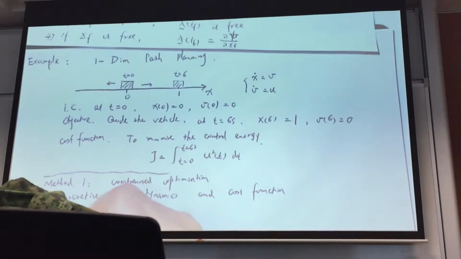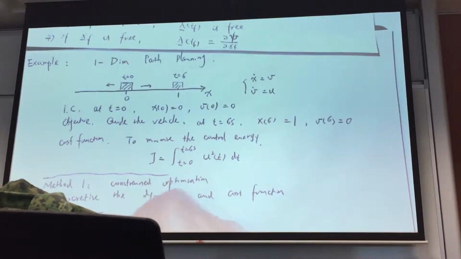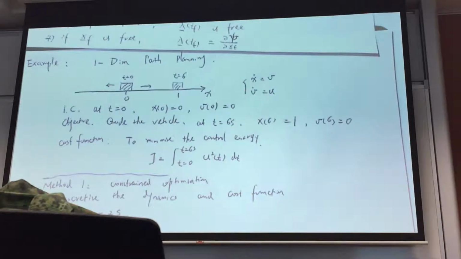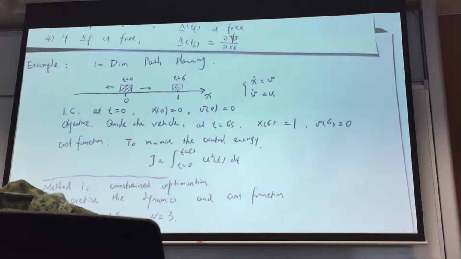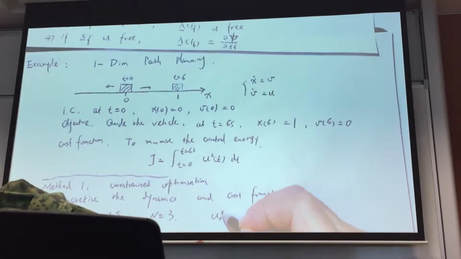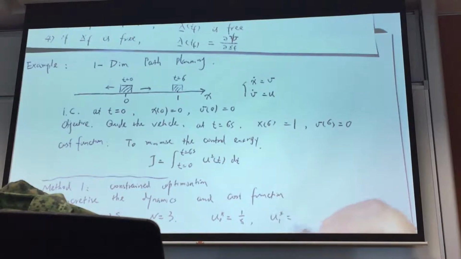Remember, in this case we set a delta t so that we can discretize the cost function. We set delta t equal to 2 seconds. In this case, N equal to 3. So our solution is u0 star equal to 1/8, u1 star equal to 0, and u2 star equal to minus 1/8.